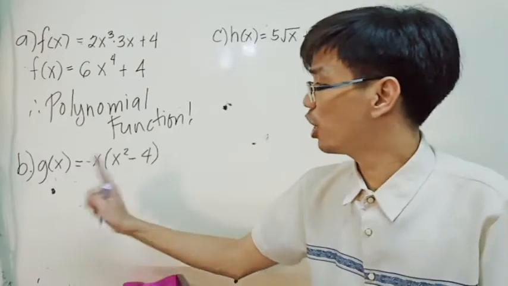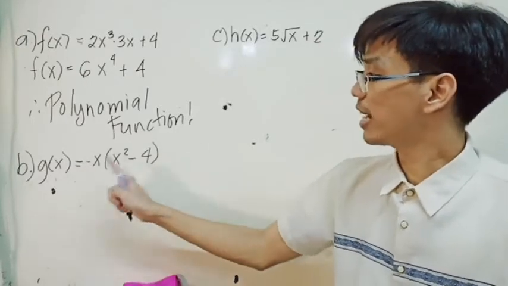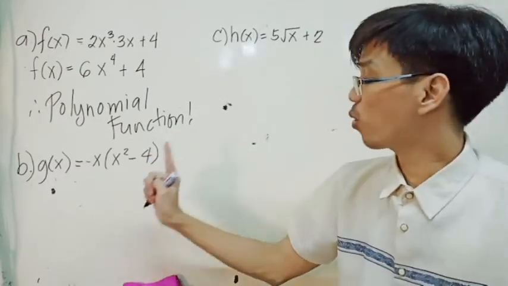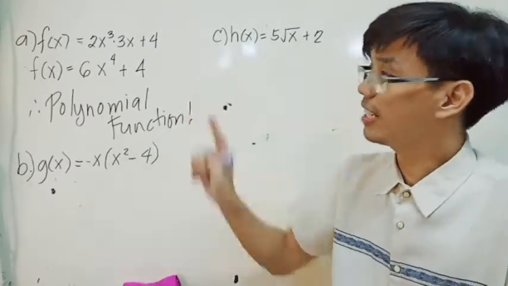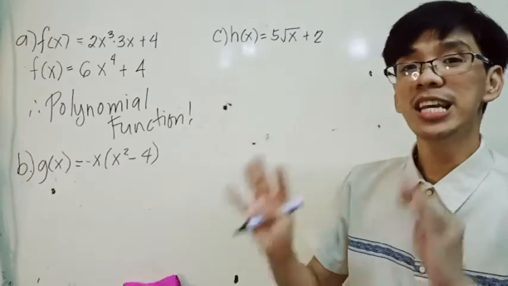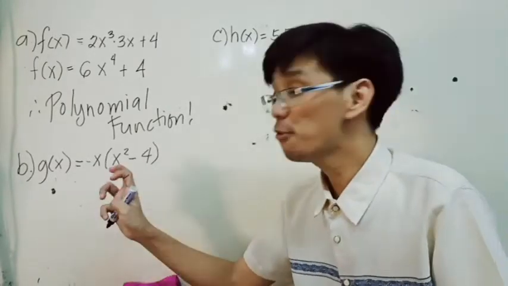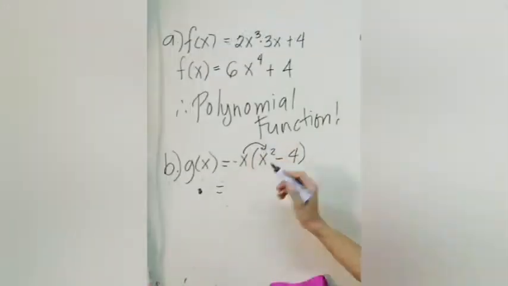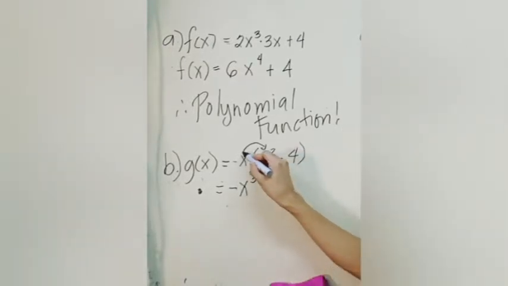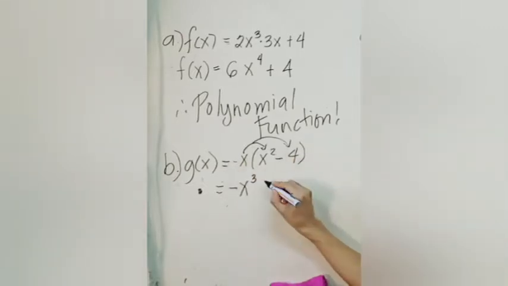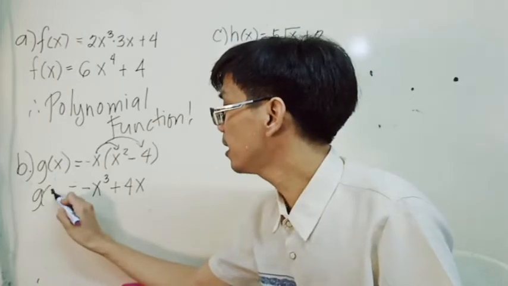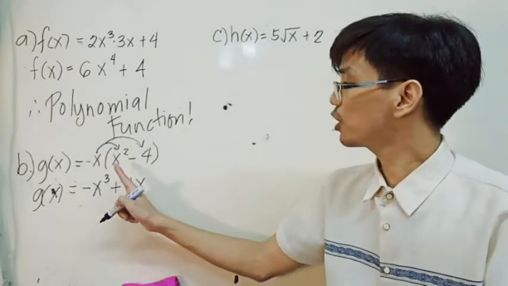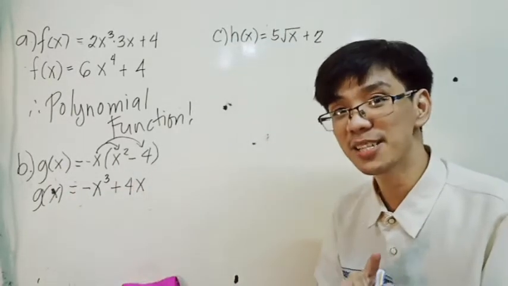Letter B is g of x equals negative x multiplied by the quantity x squared minus 4. Just like we have done in letter A, all we have to do is simplify this function. g of x is equal to negative x cubed plus 4x.